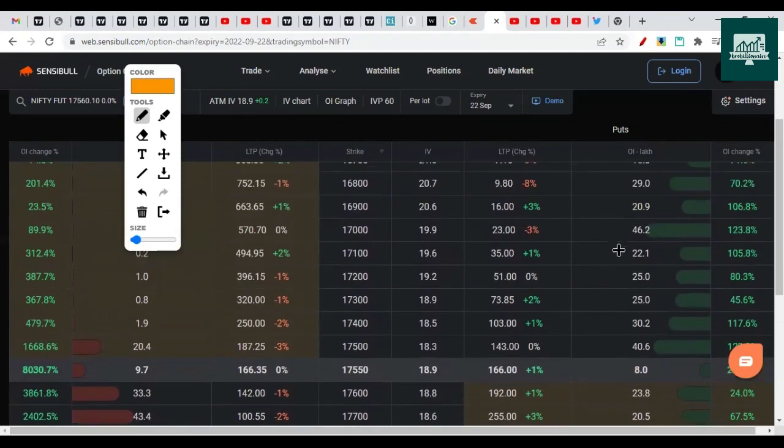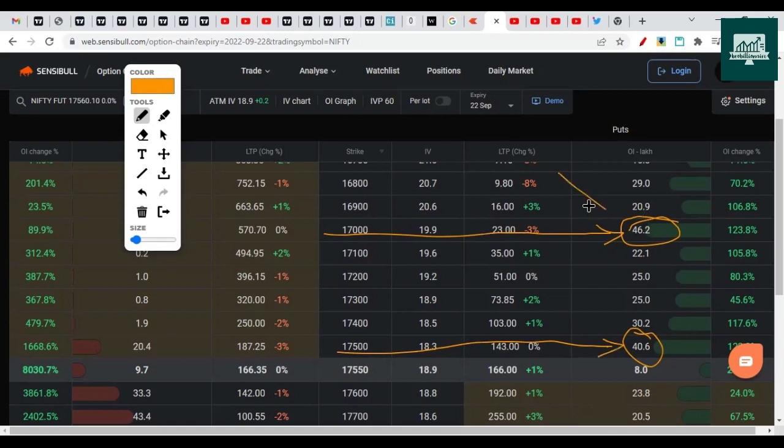So this is major support, but I would consider this as a support for now, because this can be support for a monthly expiry, right? There are still 2 weeks left, but this will be support for this expiry. If this is broken, then we'll go lower towards the next numbers. These are the two numbers where we will go.